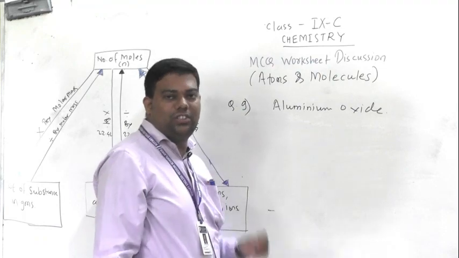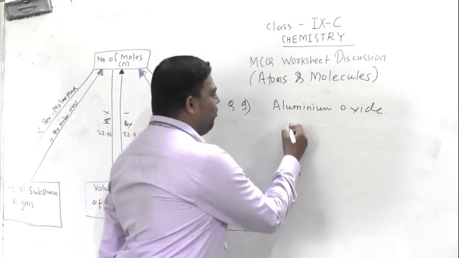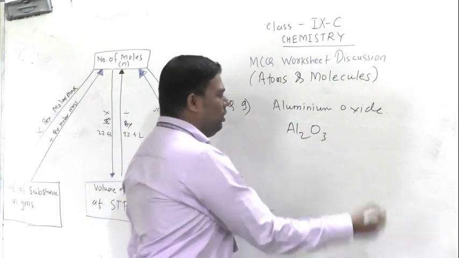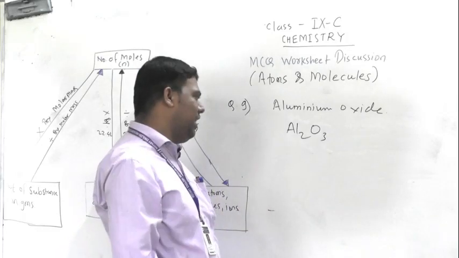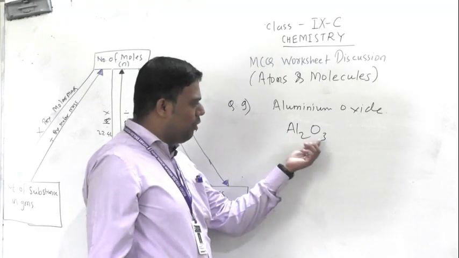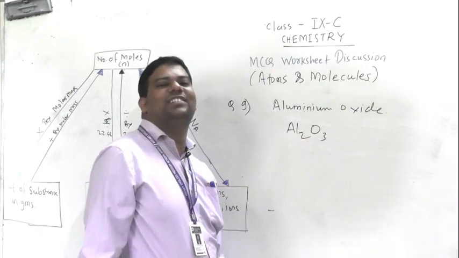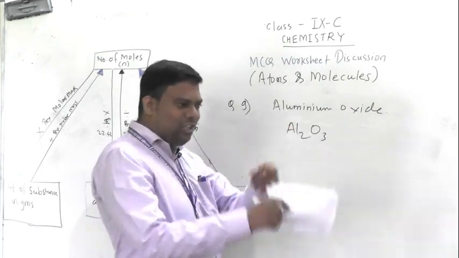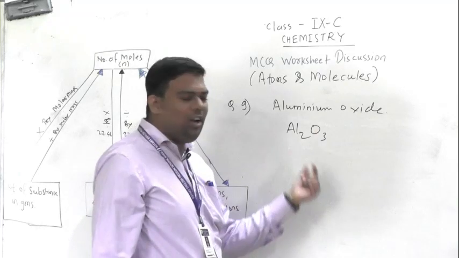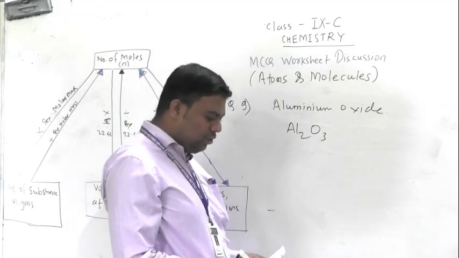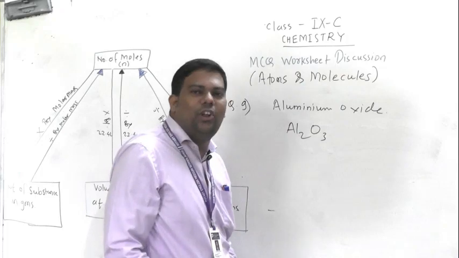Already we discussed aluminum oxide. It is Al2O3, because according to the crisscross method, aluminum has charge plus 3 and oxygen 2 minus. So from the crisscross method you will get the formula Al2O3.